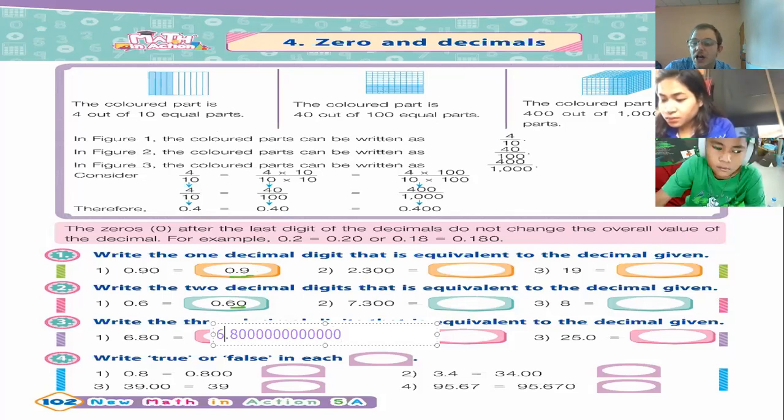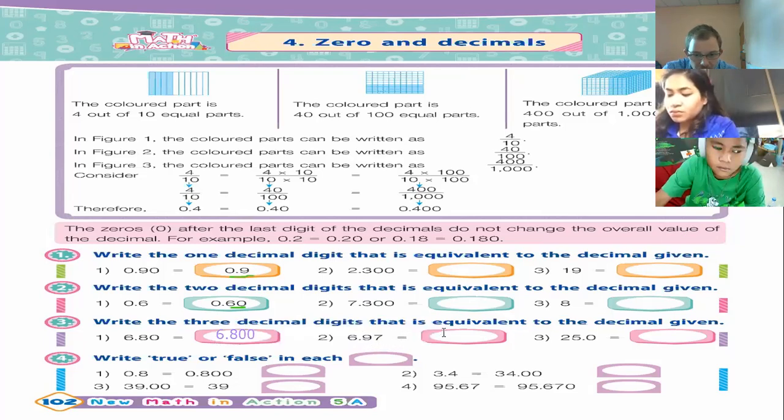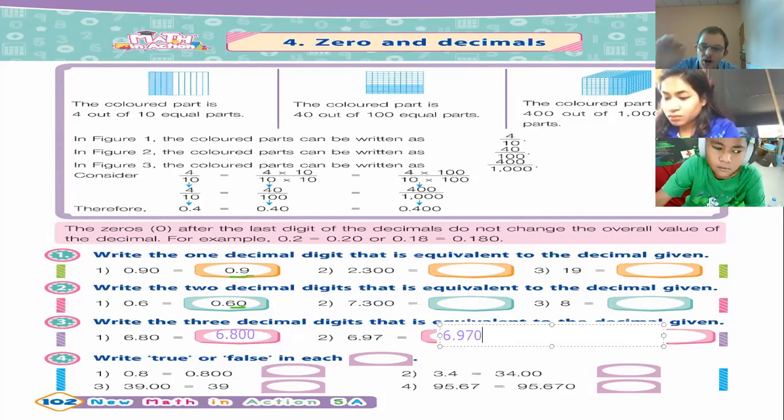When you add a 0 before the decimal point, then it changes to 6 million. So they ask us for 3 decimal digits. So after the decimal point, we put 3 numbers. The second one, 6.970, 3 digits.